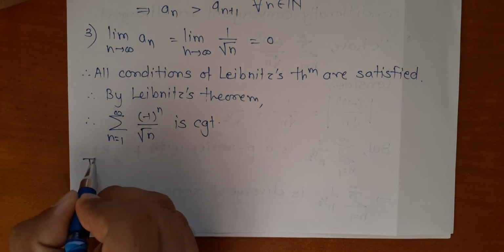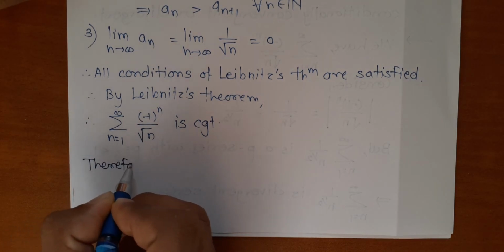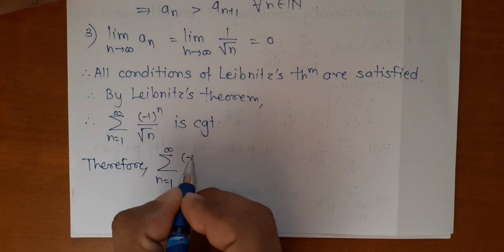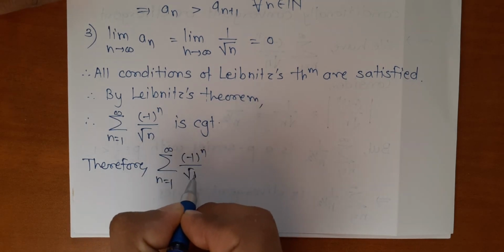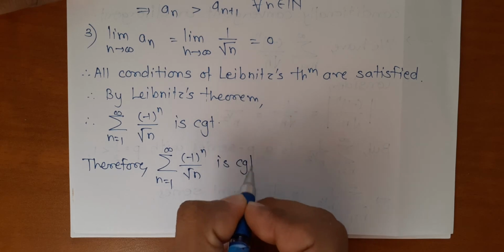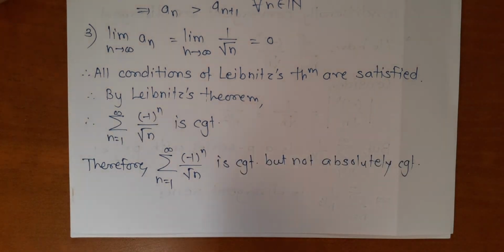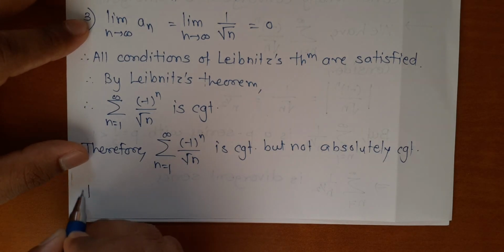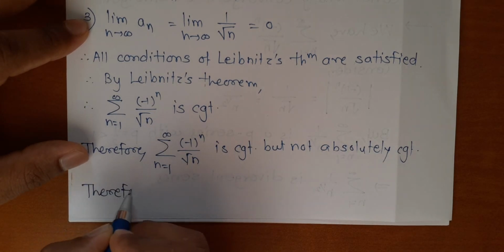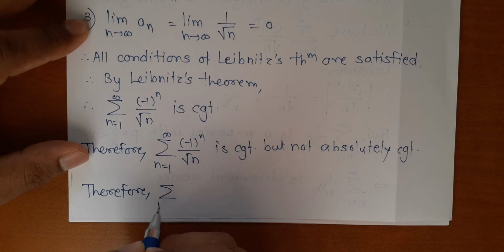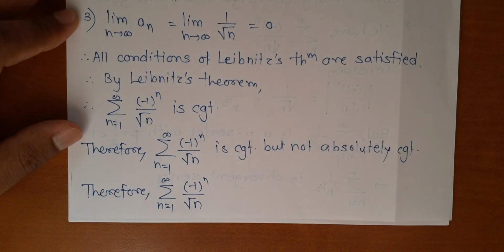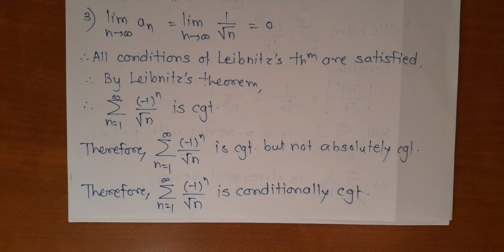So I'm now concluding that summation n running from 1 to infinity of minus 1 raised to n upon root n is convergent but not absolutely convergent, so we call it conditionally convergent. Yes, in this way we completed this problem.